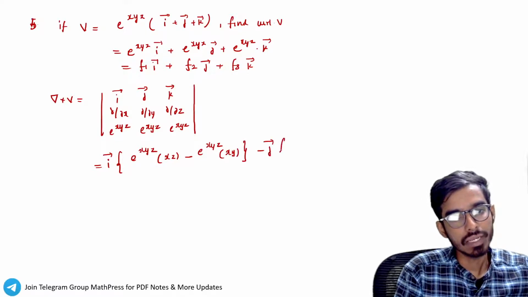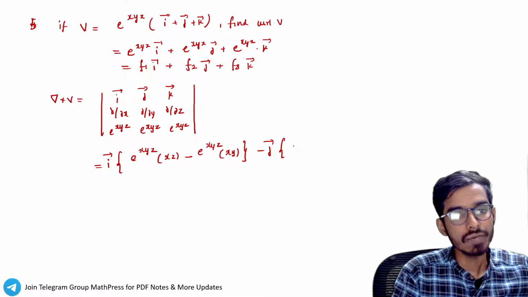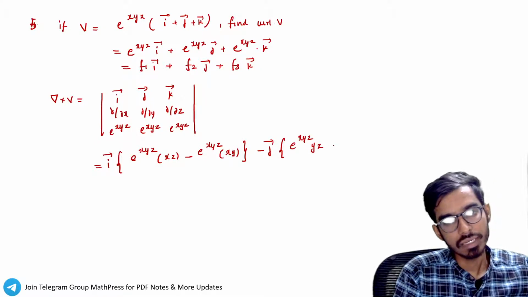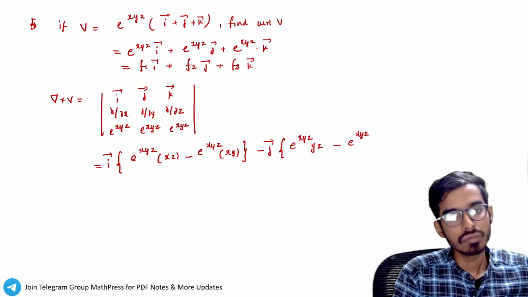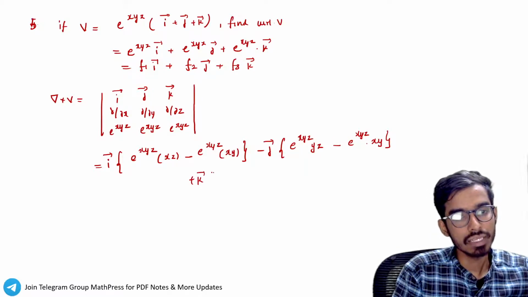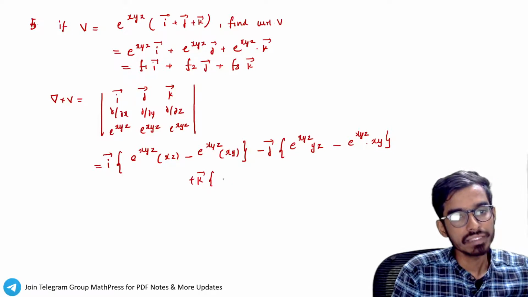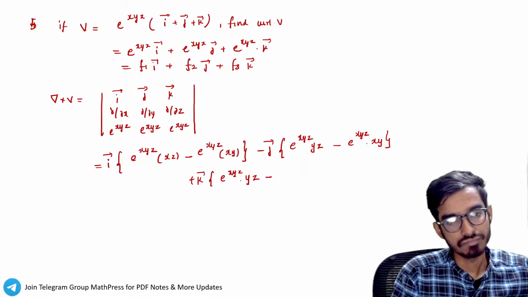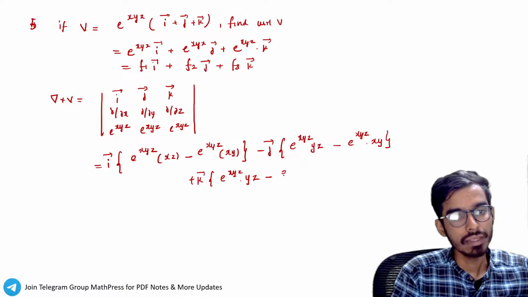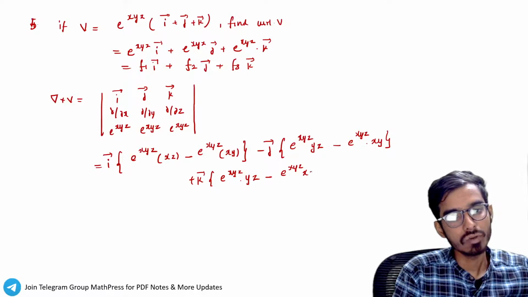So minus j vector into dou by dou x of this, e power xyz with respect to x, yz, minus dou by dou z of this, xy. Plus k into dou by dou x of this, e power xyz with respect to x, yz, minus dou by dou y, e power xyz into xz.